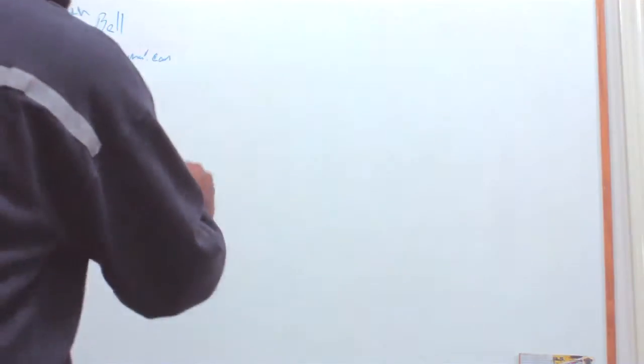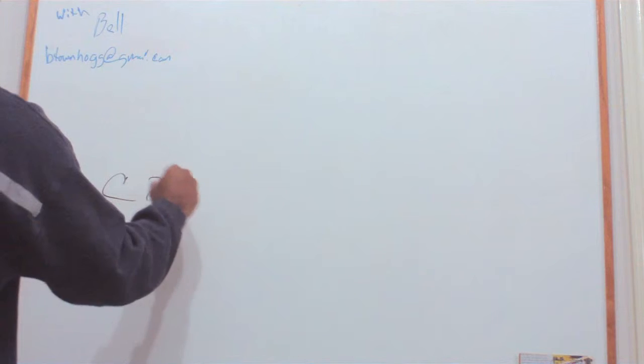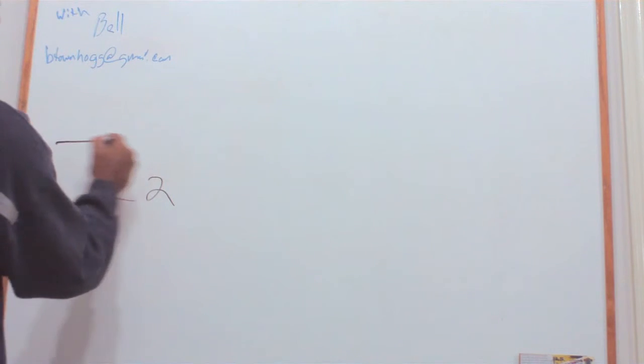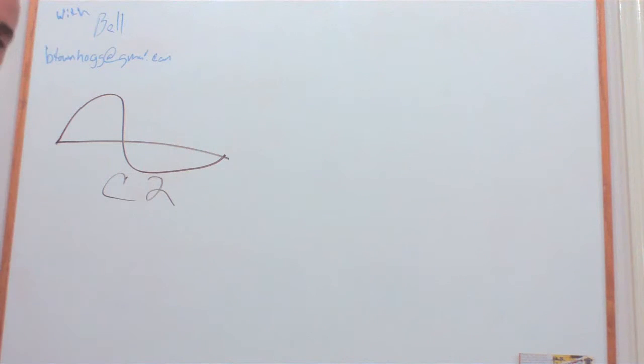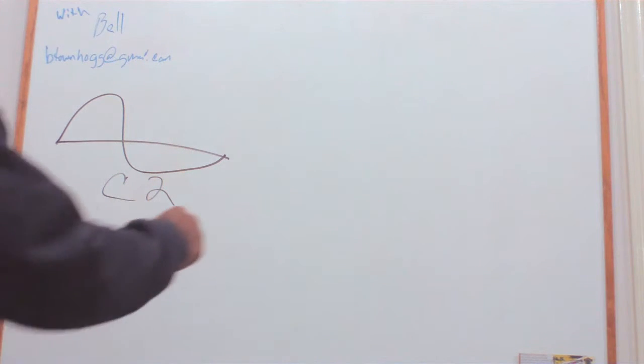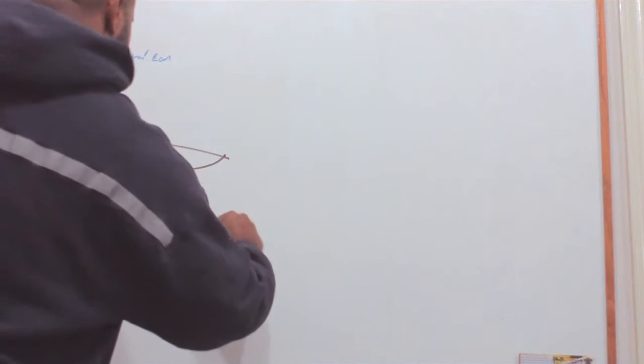let's go in it. Alright, with a C2 on the keyboard, you might have a waveform like this. Alright, pretty much a waveform like that. Now C3 might look something like this.